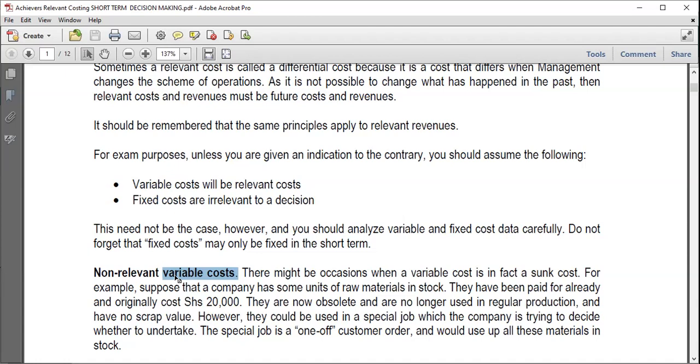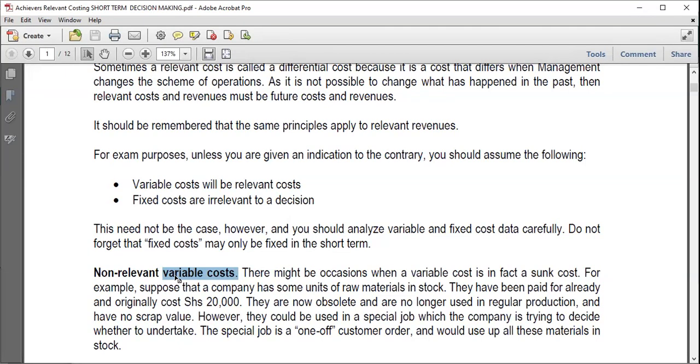And maybe you cannot use them for any other use. You get it? Maybe you bought these packing boxes, and you are no longer dealing in those specific sizes of cakes.